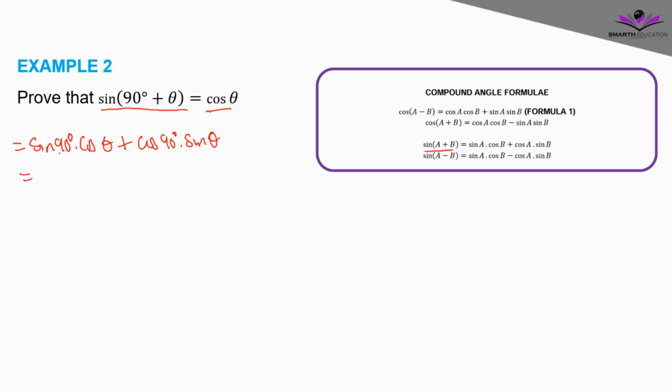And then we know that sin 90° is 1. Then cos 90° is 0, and 0 times sin θ is 0. So we remain with 1 times cos θ, which is cos θ. So we have proved that sin(90° + θ) is equal to cos θ.